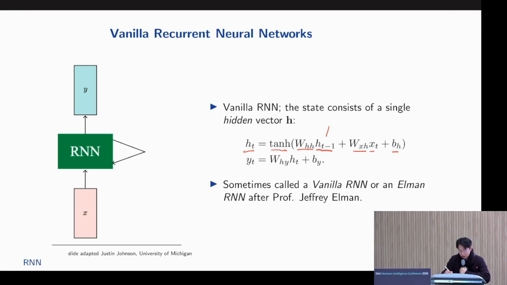So you take the previous hidden state and current input, apply WHH, WXH, add in some bias, apply nonlinearity. That's going to be your updated hidden state. If you want to produce an output at this current time step, you don't necessarily have to. But if you have to, then you have a third matrix, which takes the hidden state and outputs something.